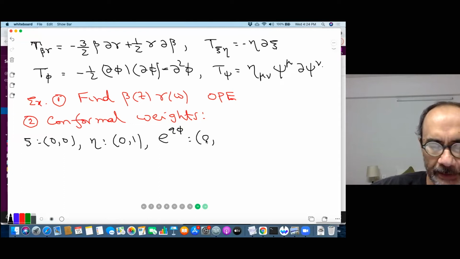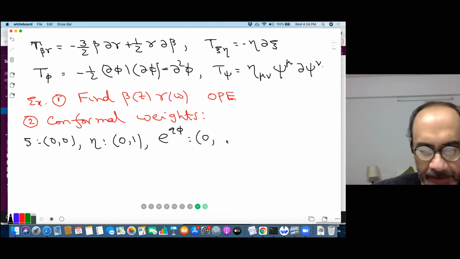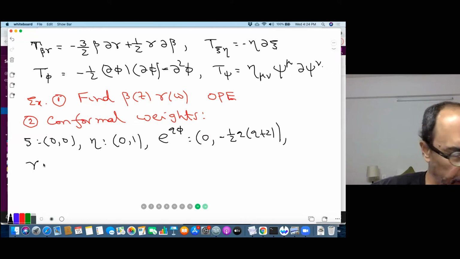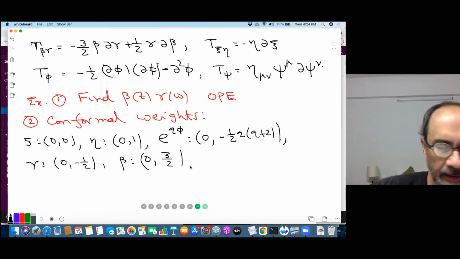The first one is always 0 because they are all holomorphic objects. Gamma is 0, minus half. Beta is 0, 3/2. And psi mu is 0, half.